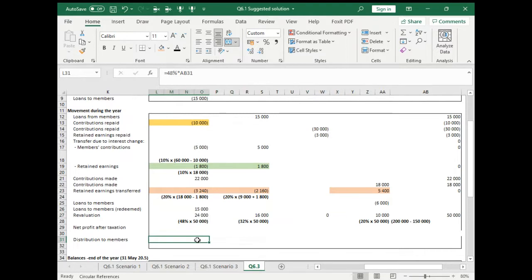So that means Surrey gets 24,000 of that revaluation surplus, Moore gets 16,000, and Hewitt gets 10,000. Okay, so that's how I got to that value. Okay, you guys okay so far?